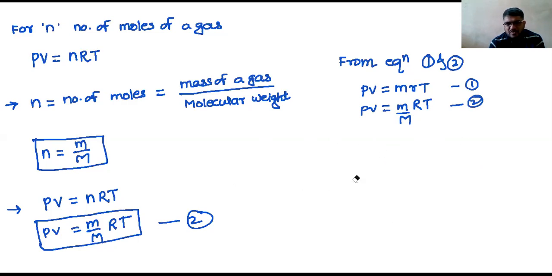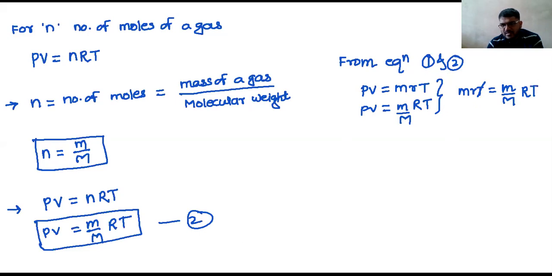So from these two equations, what can I conclude? I can conclude that small m rT is equal to small m divided by capital M into RT. Not this RT, only the T you have to cancel.